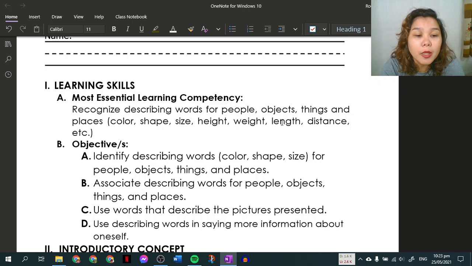And then number 4, or D, use describing words in saying more information about oneself. So now that you can identify the describing words, this is more an application of how you can use these describing words when you talk about yourself. So particularly the family members.